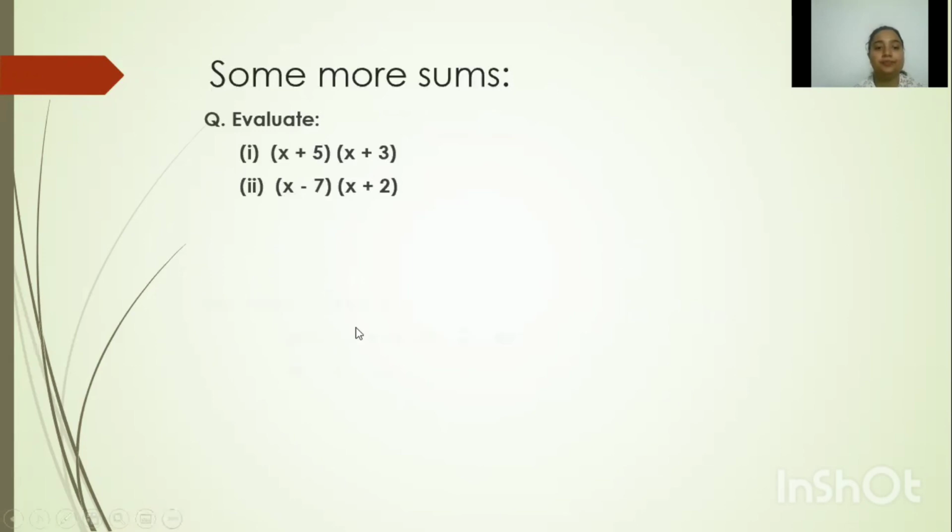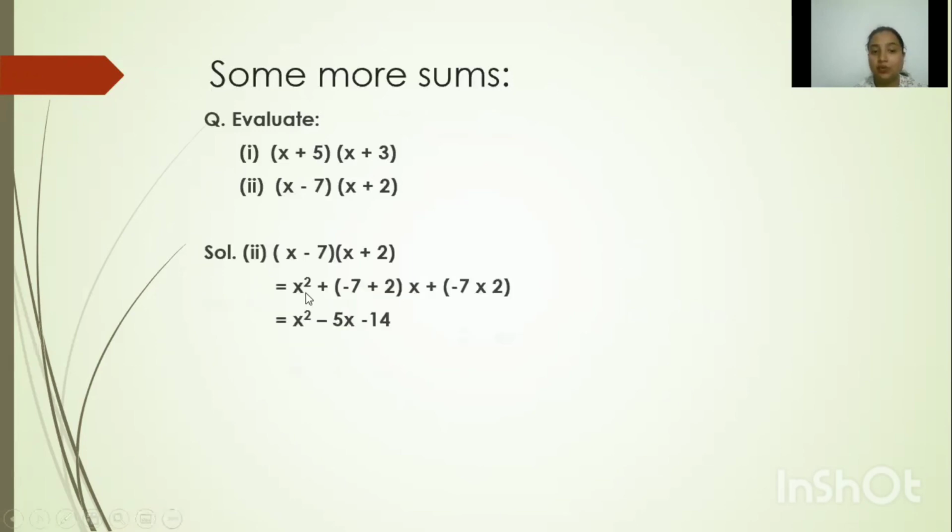So, x square plus these numbers with their sign, minus 7 plus 2, keep x here, plus multiply these numbers now because ab is at the end. So minus 7 multiplied by 2. So x square, minus 7 plus 2 will give you minus 5x, and 7 twos are 14, but minus times plus gives minus.